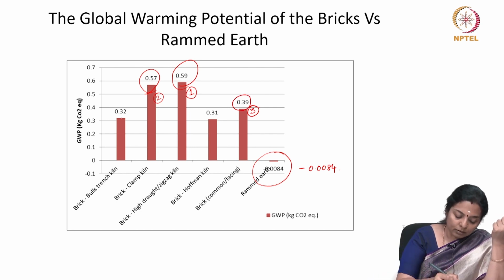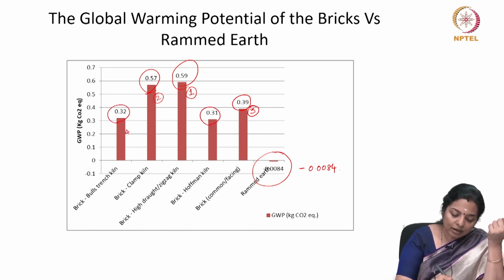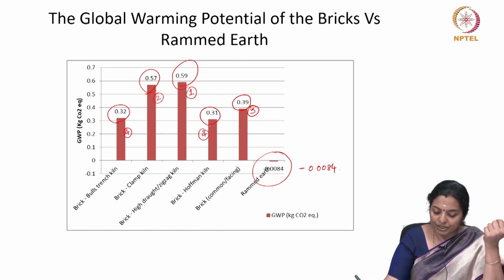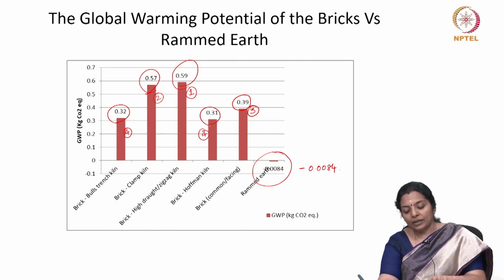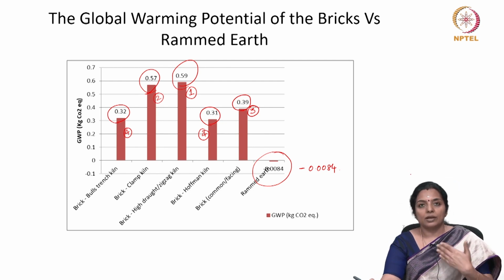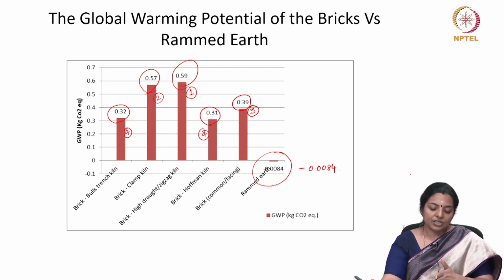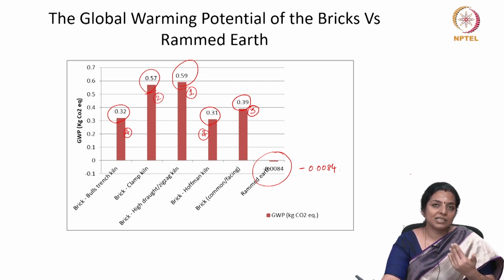Then the Bull's trench kiln and Hoffman kiln are more or less similar in their global warming potential. Now, as compared to rammed earth, which is a carbon negative material, for the bricks manufactured with other technologies in terms of baking or burning the brick, the global warming potential rises significantly.